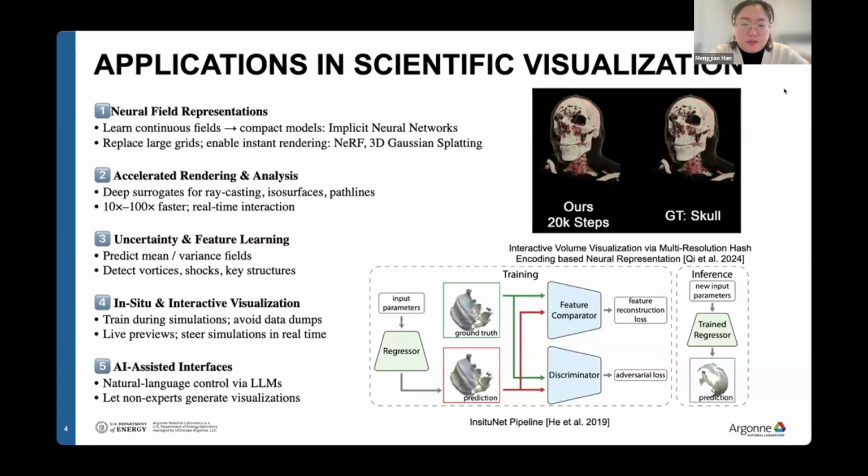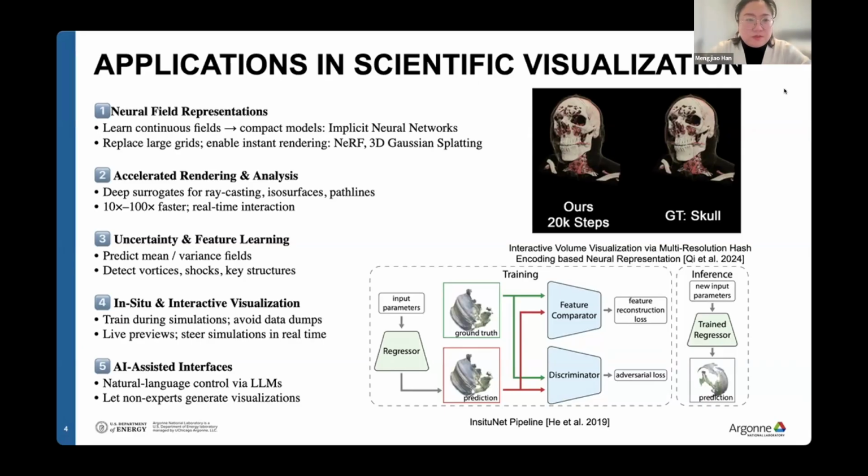This approach helps quickly explore, have a guess what might happen before running the costly simulations. So all these methods share the same goals using deep learning: speed, scalability, and accessibility.